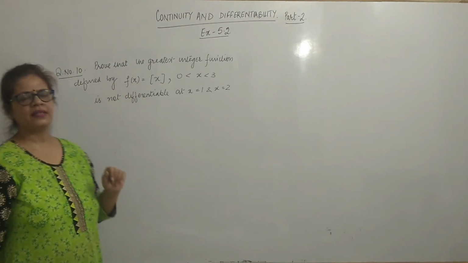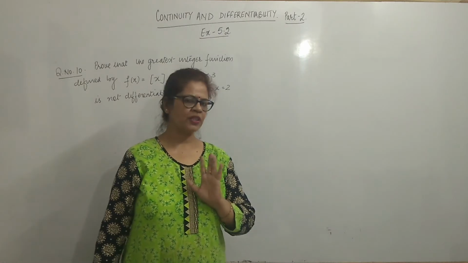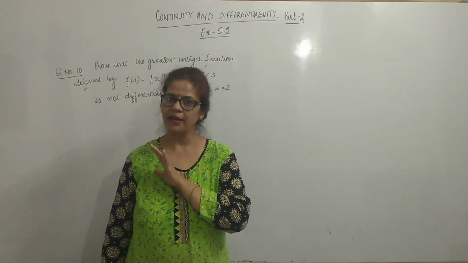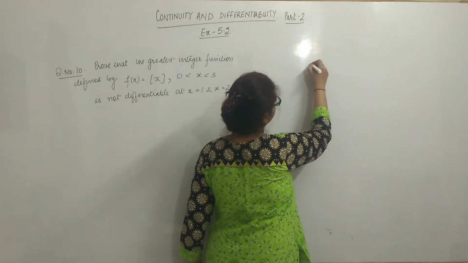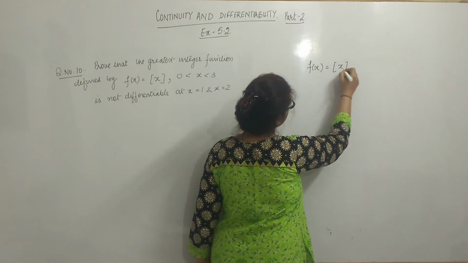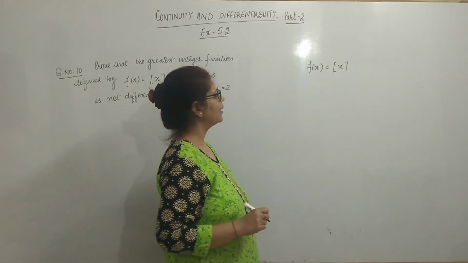Now the question arises, what is greatest integer function? I just want to explain you first about greatest integer function. You are scared of this function. I know that. Look, f(x) is equal to, this is greatest integer function. What do you mean by greatest integer function?